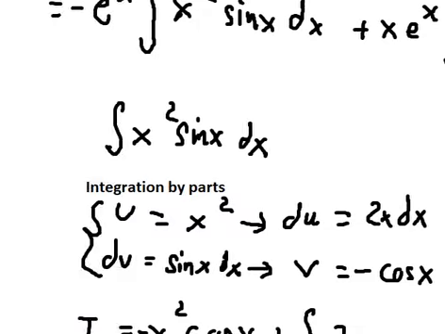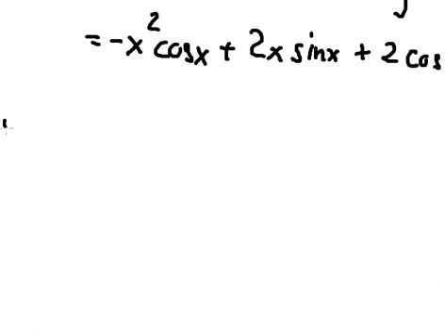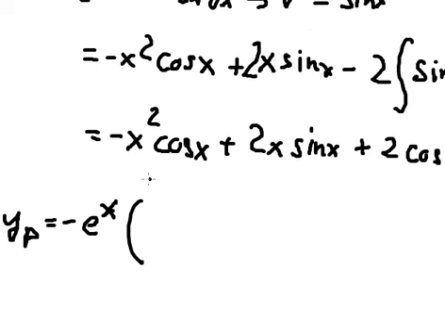Now we can simplify, and you got yp, that is negative e to the power of s multiplied by this one.